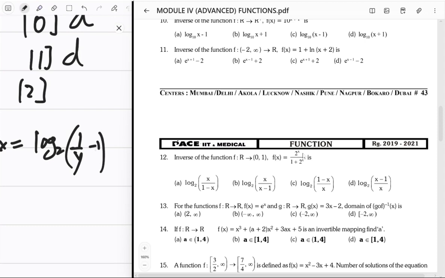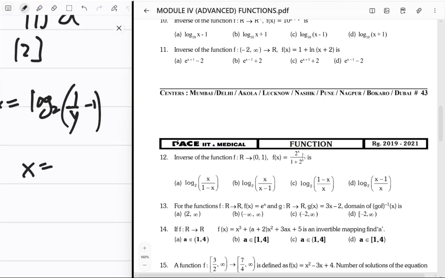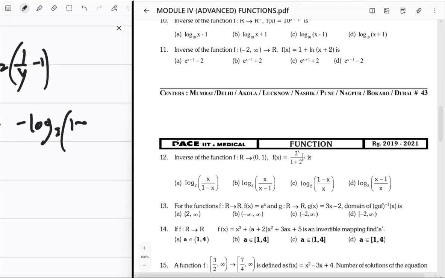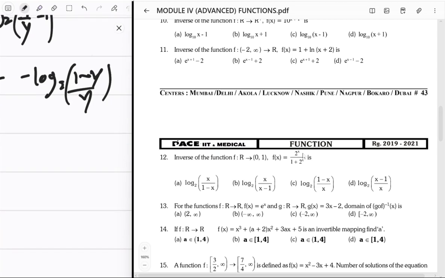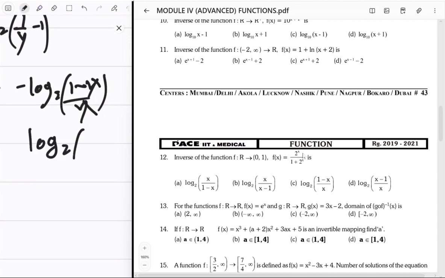Definitely that should work out. So x is just equal to negative log base 2 of 1 upon y minus 1, right? So negative log base 2 of basically 1 minus y upon y. So f inverse, just replace this by that. So this is f inverse of x. Makes sense? Okay, so that's log base 2 of x upon 1 minus x, I guess. Right. So A is the answer.